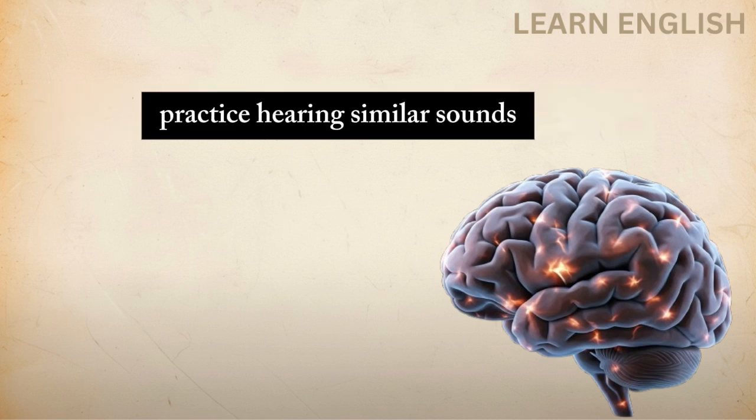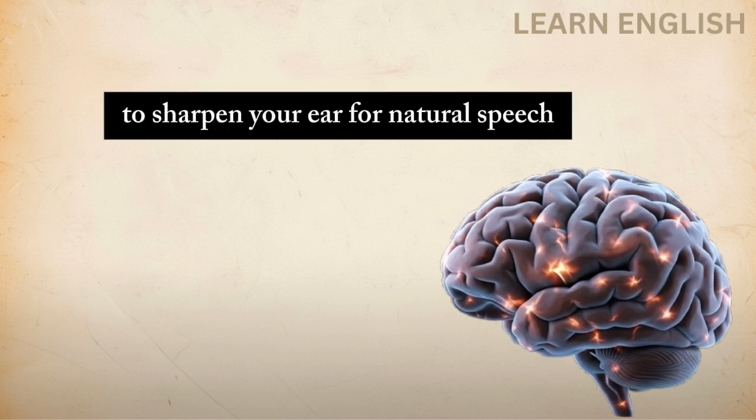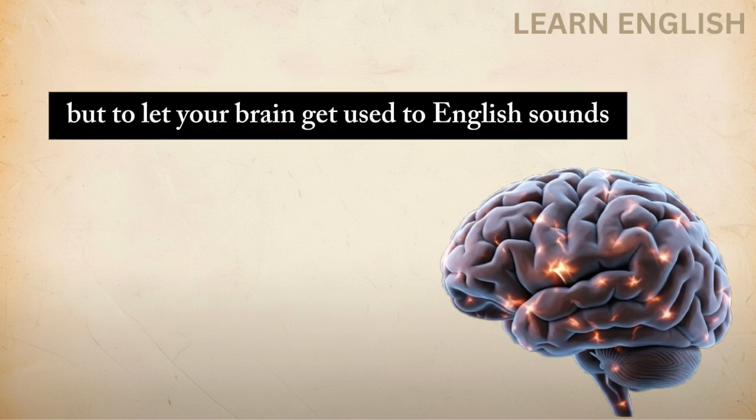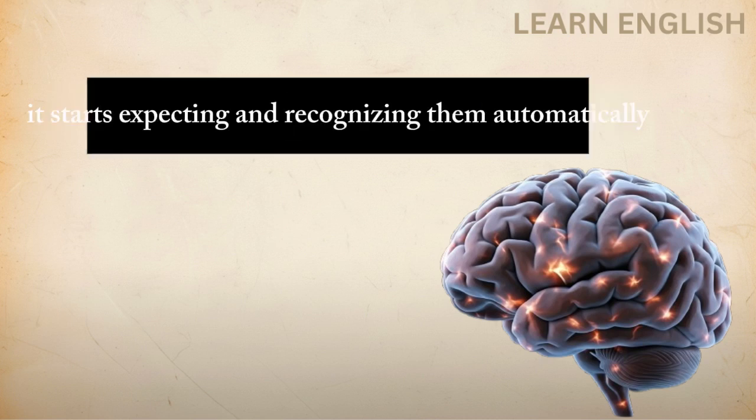Practice hearing similar sounds, like ship versus sheep, to sharpen your ear for natural speech. The goal is not to understand every word, but to let your brain get used to English sounds, rhythm, and patterns, so it starts expecting and recognizing them automatically.